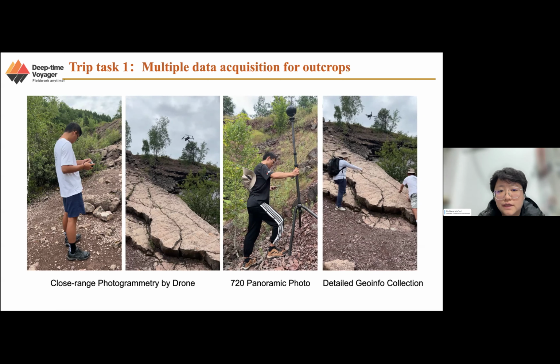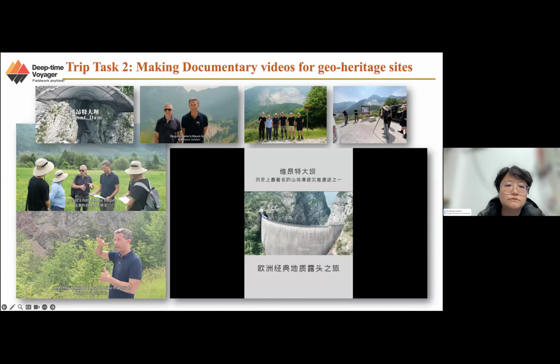We also take panoramic photos and a lot of detailed geological information and photos and put them into the model. And also we make documentary videos for heritage sites. This is also one of the tasks of our digitalizing trip.